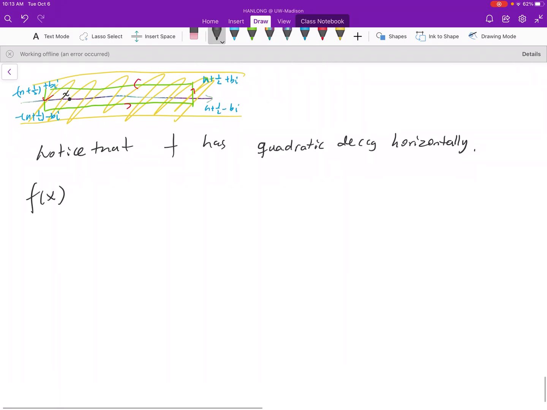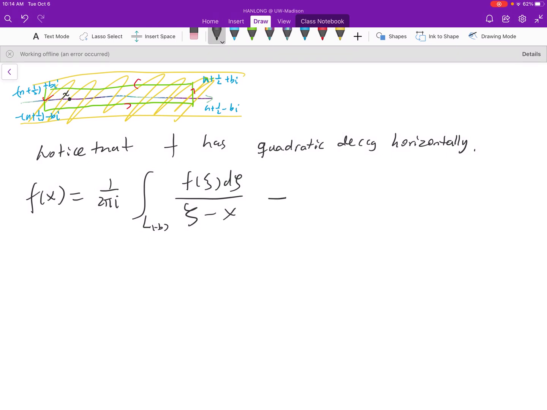Therefore, we can write f(x) as 1 over 2πi times the integral along L_{−b} of f(ζ)dζ divided by ζ−x, minus 1 over 2πi times the integral along L_b of f(ζ)dζ divided by ζ−x, where x is a real number.